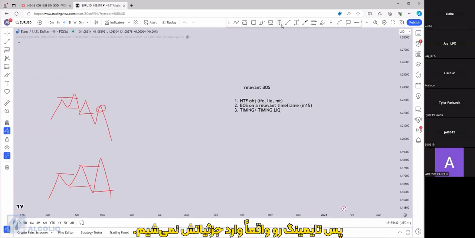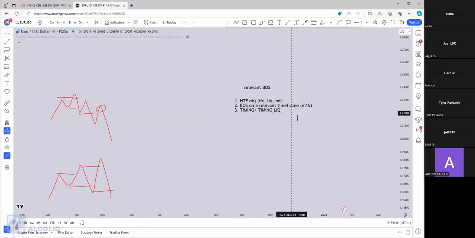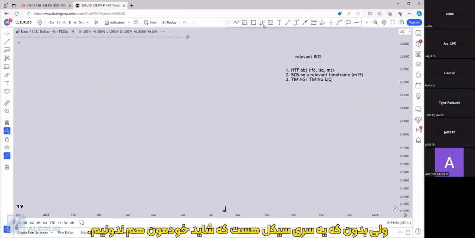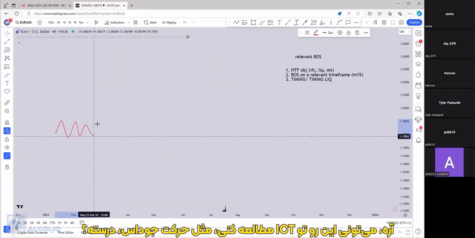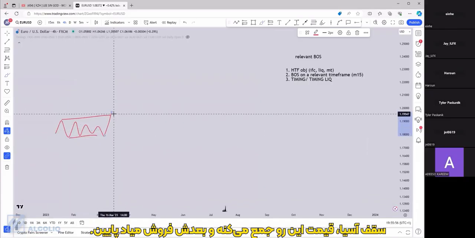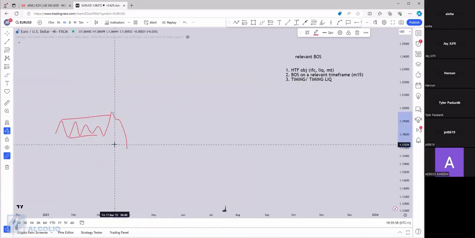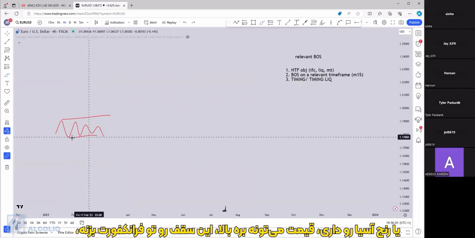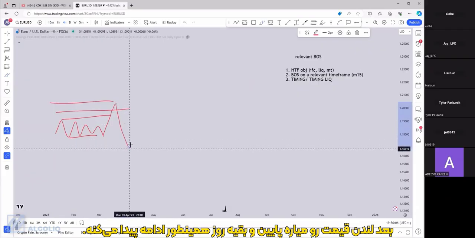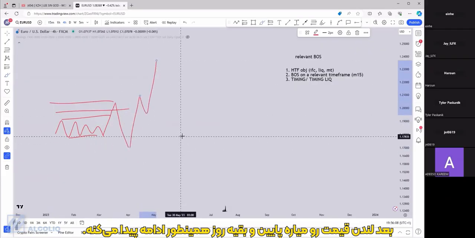So timing, we won't go through timing in detail really, but just know that there are some cycles that you can study in ICT, just a Judas swing, right? Asian high, price takes this and just sells down. Or you have Asian whipsaw, price can go up, take this guy during Frankfurt, then London manipulates down and the rest of the day continues like this.